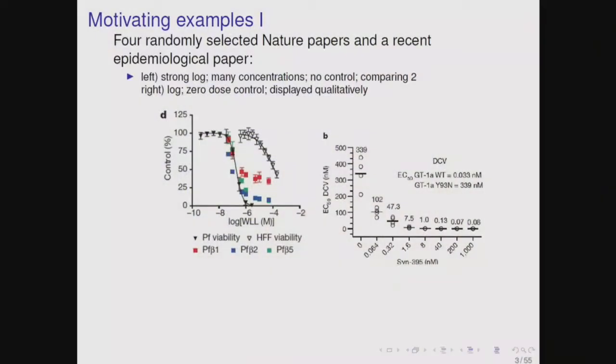Let me come to the Nature publications. Of course, randomly selected, I looked through. First example, you see over here, this is a log of any concentration, and then you see what microbiologists like: percentage inhibition versus a control in percentage.